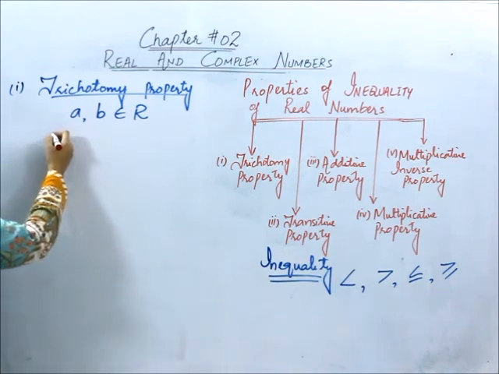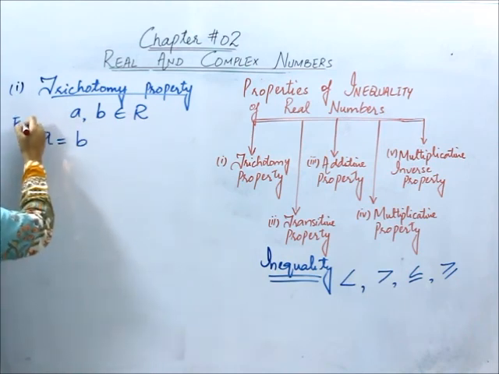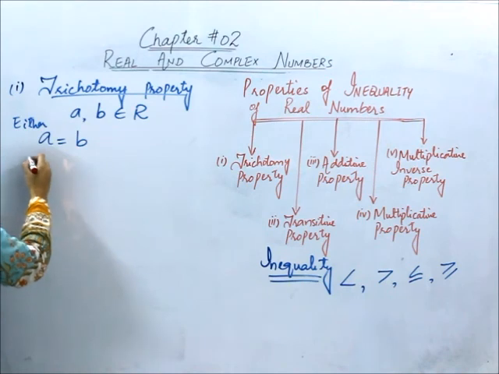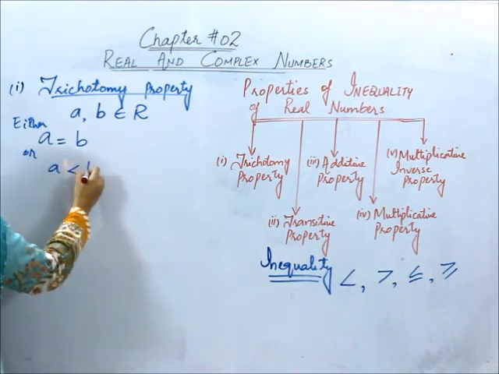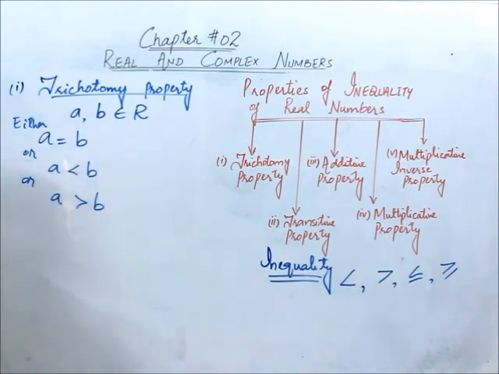Only one relation could exist. Either a is equal to b, or a is less than b, or a is greater than b. There could be only one relation among two real numbers.